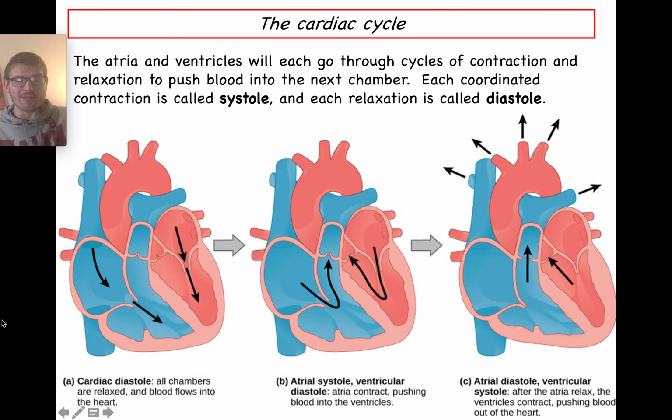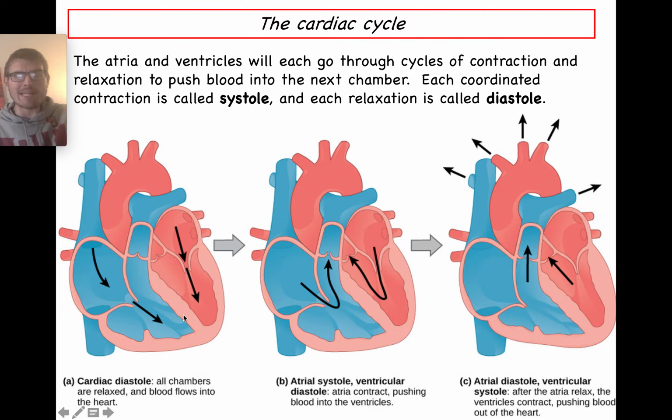Also, since the ventricles are relaxed, they can receive blood from the atria because the pressure in the ventricles is lower than the pressure in the atria. So we actually do a majority of our ventricular filling during this period of complete cardiac diastole. Really, you don't need the atria to contract in order to get a lot of blood to fill the ventricles. It's kind of counterintuitive that way.